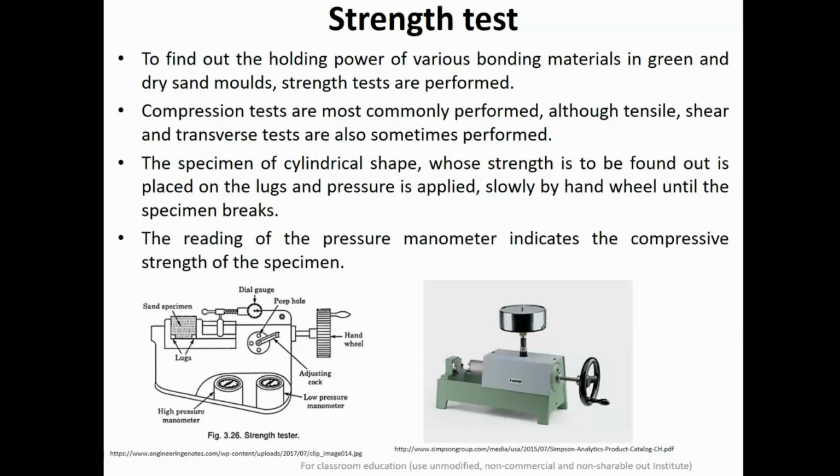So this is basically a very simple type of equipment, and you see there are two lugs. This is the fixed lug and this is the movable lug, and its movement is controlled with the help of this hand wheel.